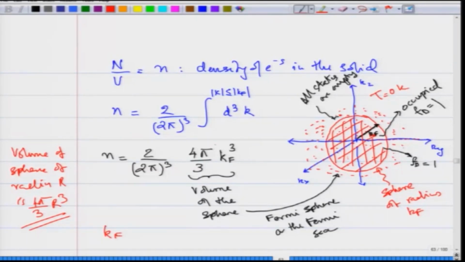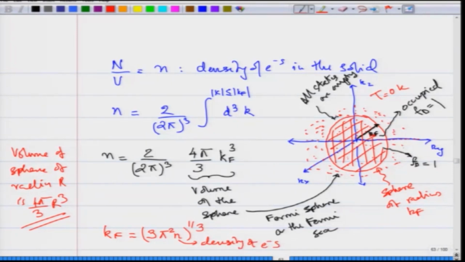You can just rewrite this and you will get your Fermi momentum, or the Fermi wave vector, as kf = (3π²n)^(1/3), where n is the density of electrons.